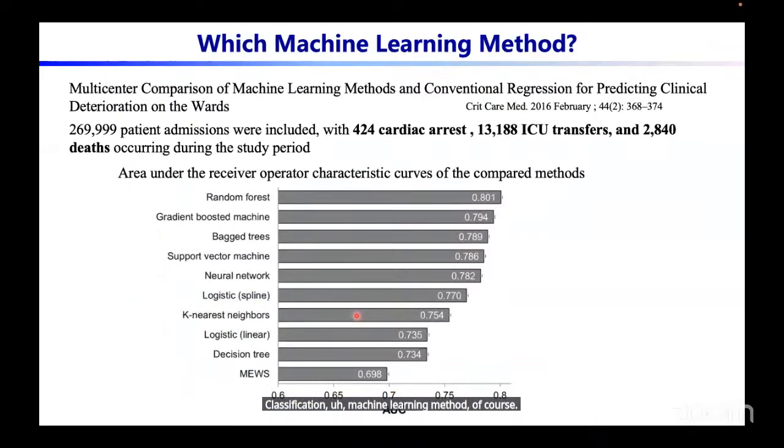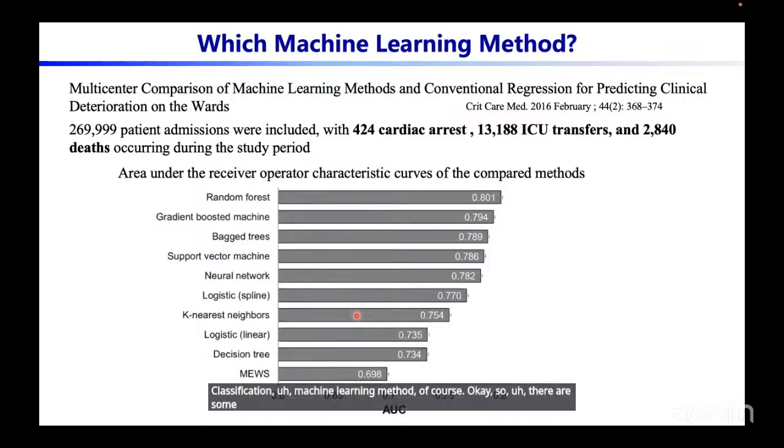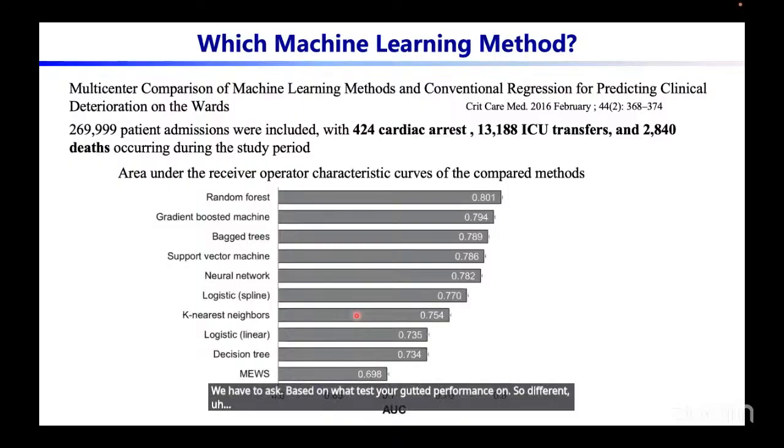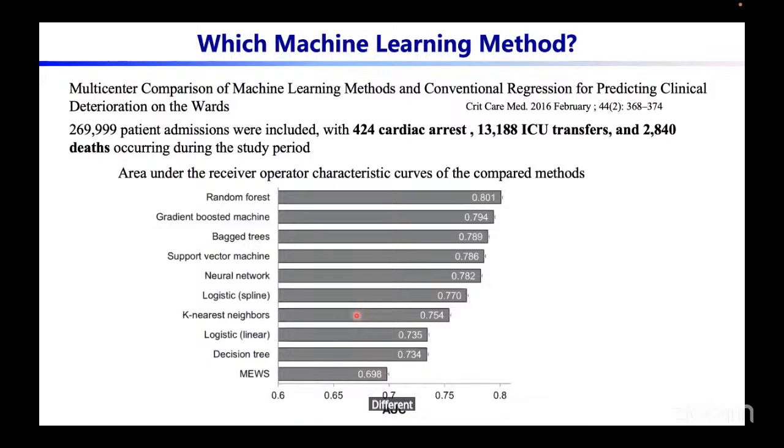Okay, so there are some publications. Of course, when we talk about the performance, we have to ask based on what test you get the performance. Different research, different performance research, is actually based on different data sets.